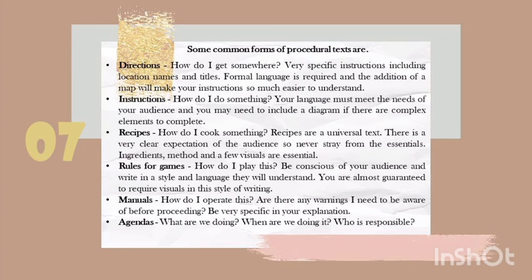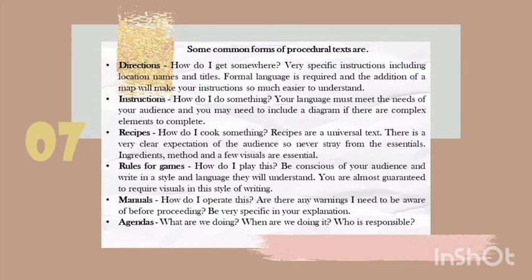Rules for games: how do I play this? Be conscious of your audience and write in a style and language they will understand. You are almost guaranteed to include visuals in this style of writing. Manuals: how do I operate this?